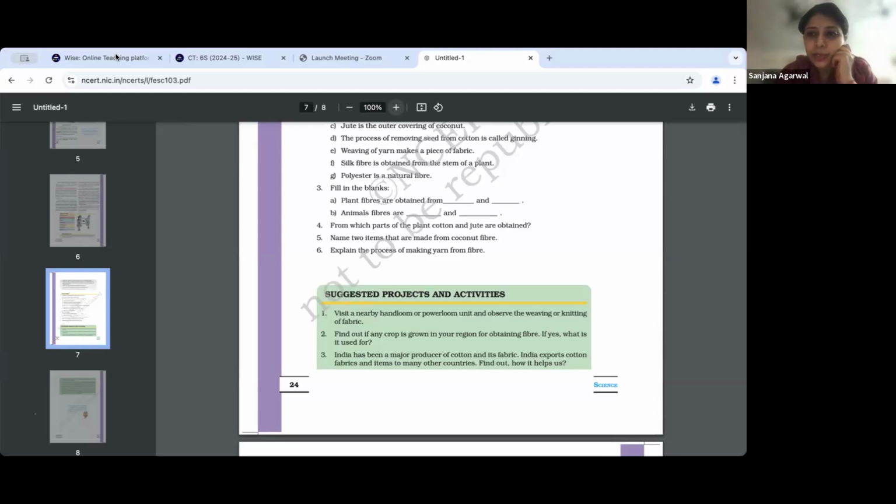Full stop. In this process, comma, fibers from a mass of cotton, comma, wool, are drawn out and twisted.